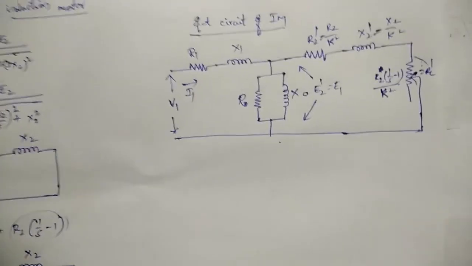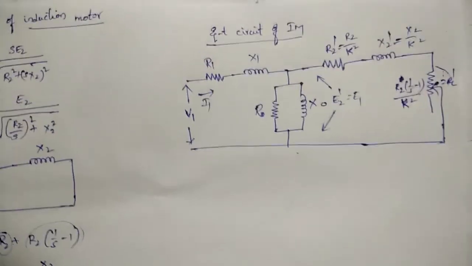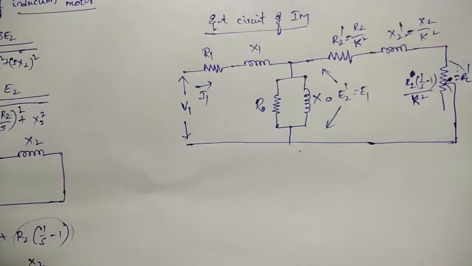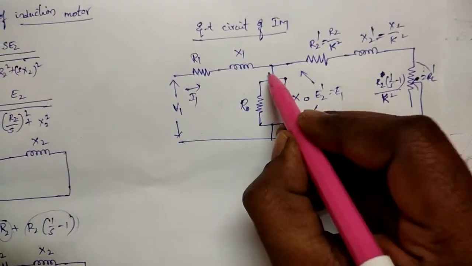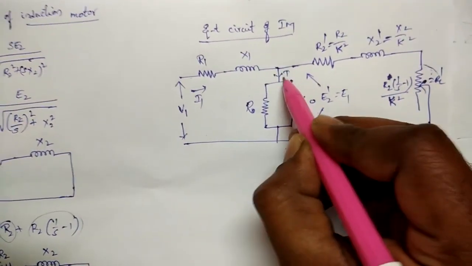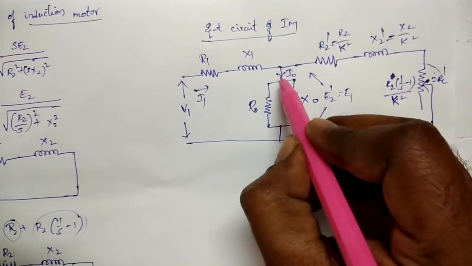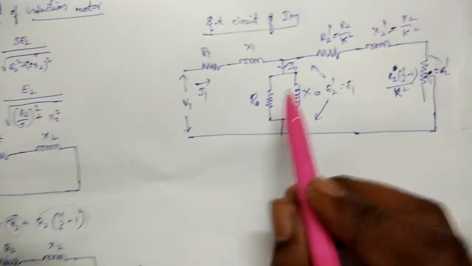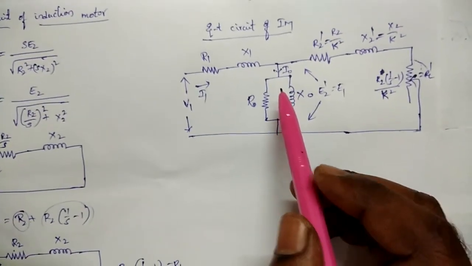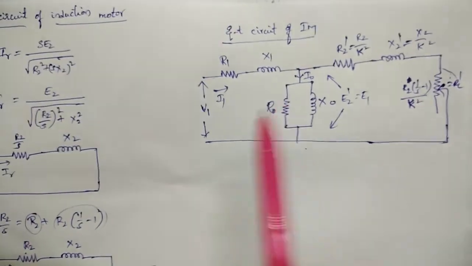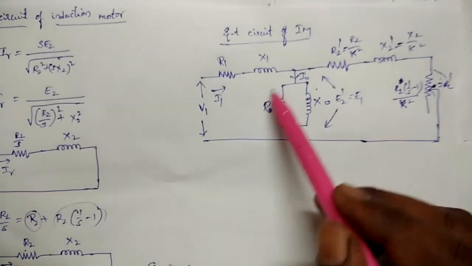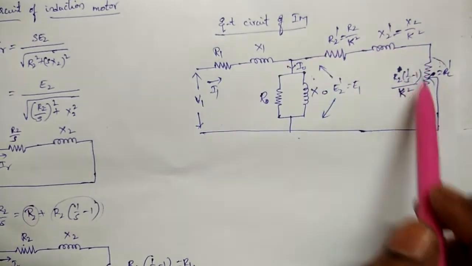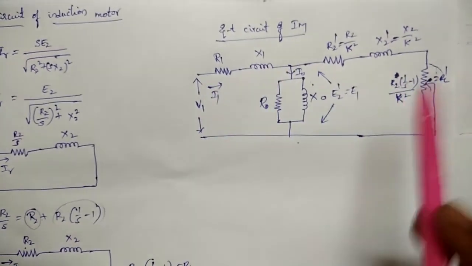This is similar to the equivalent circuit of the transformer. In a transformer the no load current I0 is very small, nearly 5 to 6% of the full load current. So if you neglect the shunt branch parameters in the transformer, there is not much change in the circuit.